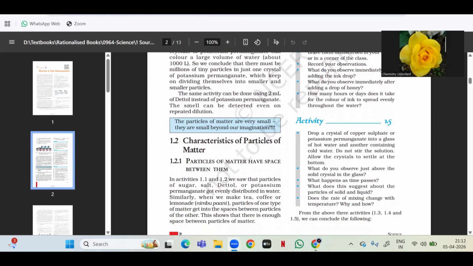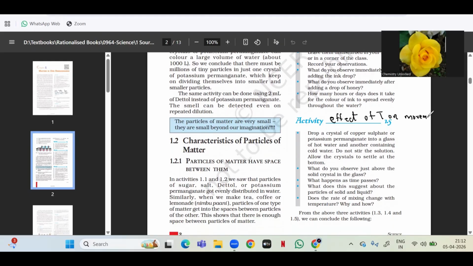Drop a crystal of copper sulfate or potassium permanganate into a glass of hot water and cold water. This studies the effect of temperature on the movement of particles.